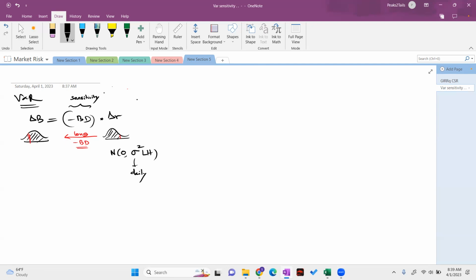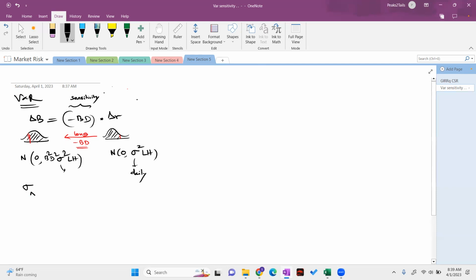So this will lead to a normal distribution in delta B, whose mean will be 0. Variance will just be scaled. So it will be B square, D square, sigma square, LH, liquidity horizon. You understood this part, right? We have been doing this many times now, but this is the equation, straightforward.